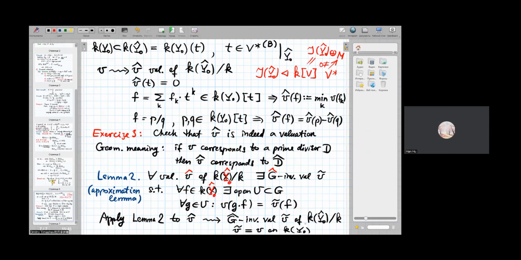Now I claim that v tilde coincides with v on this smaller subfield.